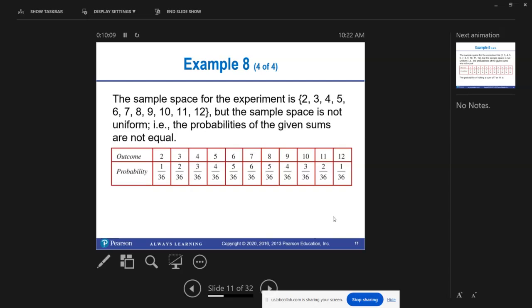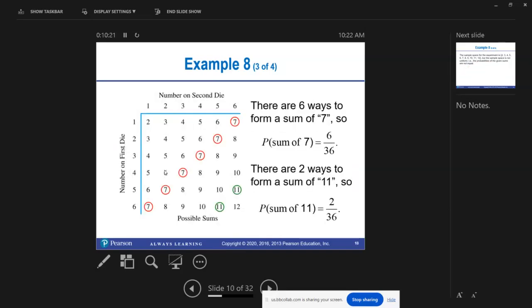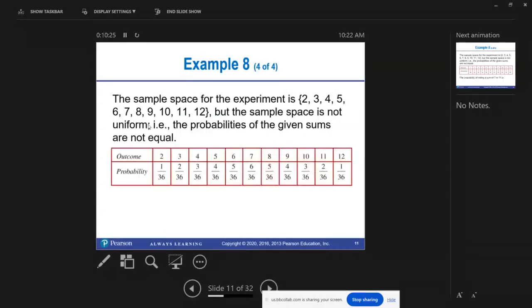Okay. So if we want to find the probability for each of those outcomes, the outcome of the sum of 2, there was only 1 out of 36 for that, because look back here at our table, that's the only 2. In order to get a 3, there were 2 possibilities there, so that probability is 2 out of 36.